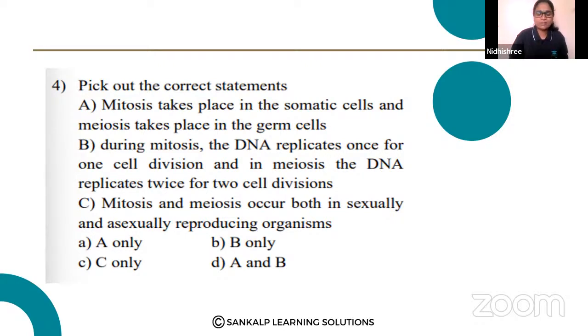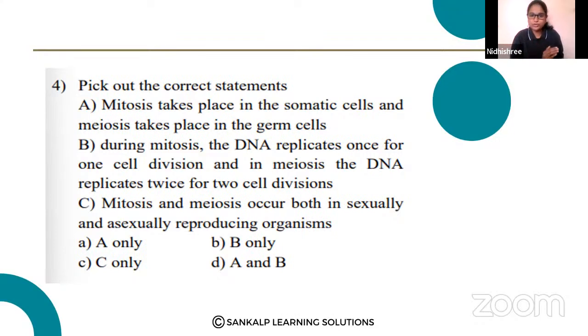Next, mitosis and meiosis occur both in sexually and asexually reproducing organisms. Here they confused you. In statement A, mitosis happens only in somatic cells and meiosis in reproductive cells. In C, they say mitosis and meiosis happen in all types of cells, in asexually and sexually reproducing organisms. So statement C is wrong.